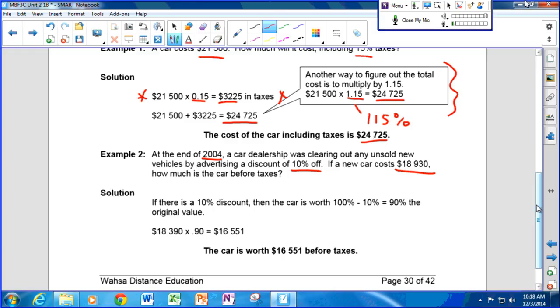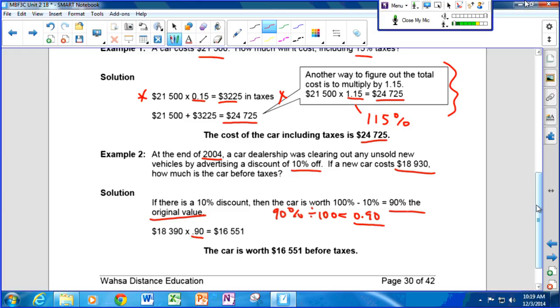Okay, so again, we could find out what 10% of that purchase price was and then subtract it. But the other way to do it is just find 90% of the original value. 90% divided by 100 to turn it into a decimal is 0.90. It's 0.9, but if we're calculating 90%, this is one of those rare cases where it actually makes sense to include the 0 at the end.